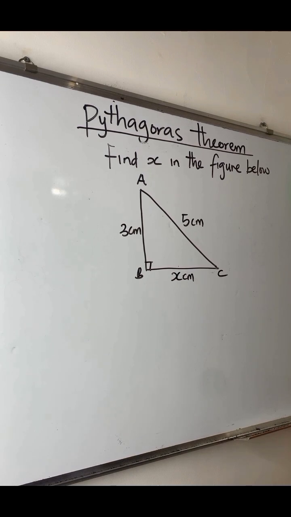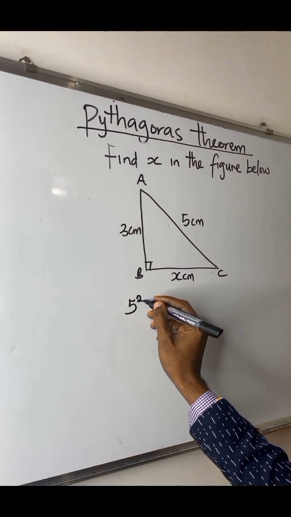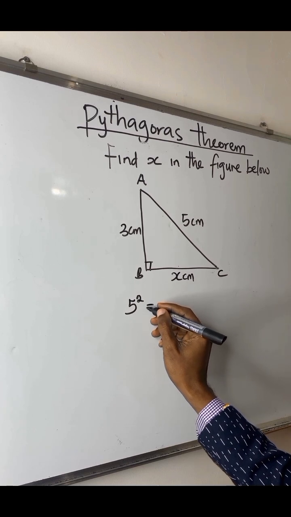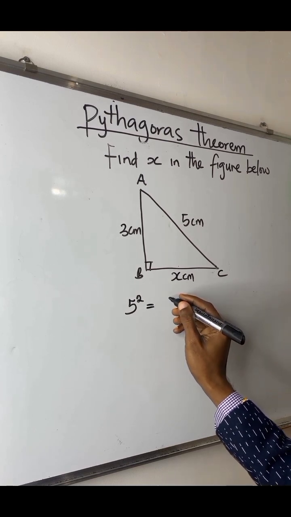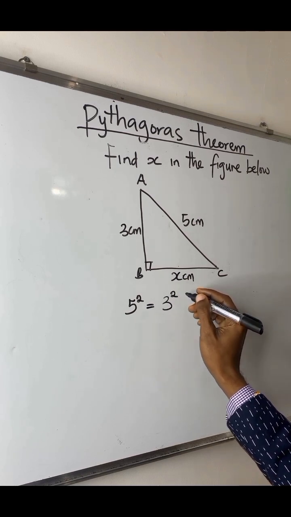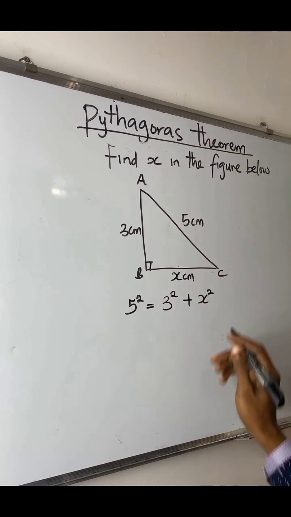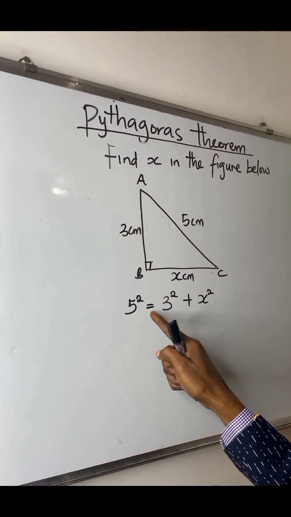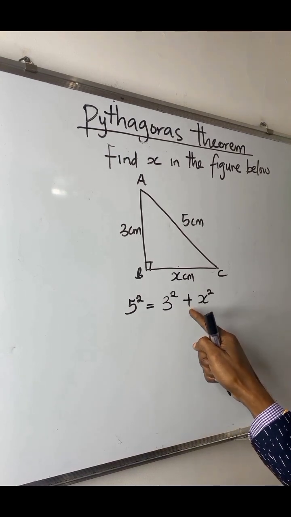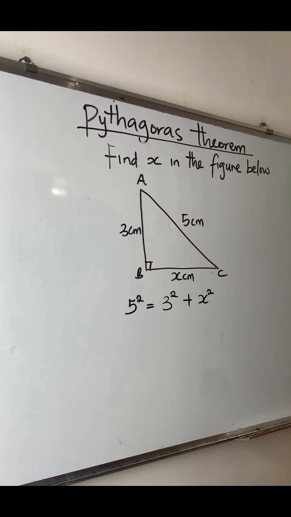So, according to our Pythagoras theorem, we have 5 square on our left-hand side. It's equivalent to 3 square plus x square. That is, 5 square is equal to 3 square plus x square. Now we're looking for x, remember.